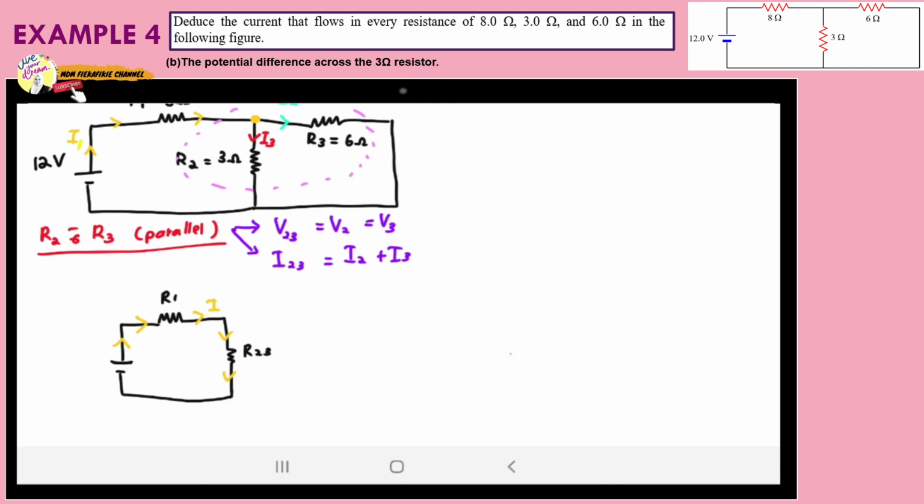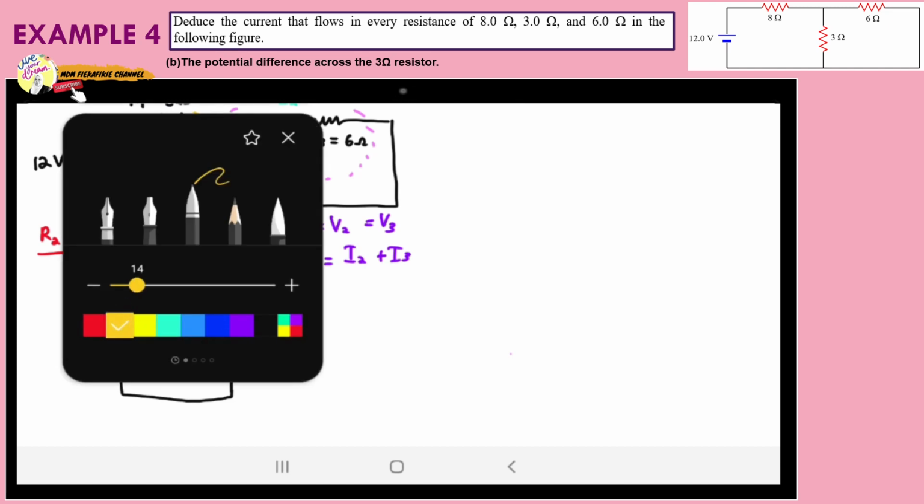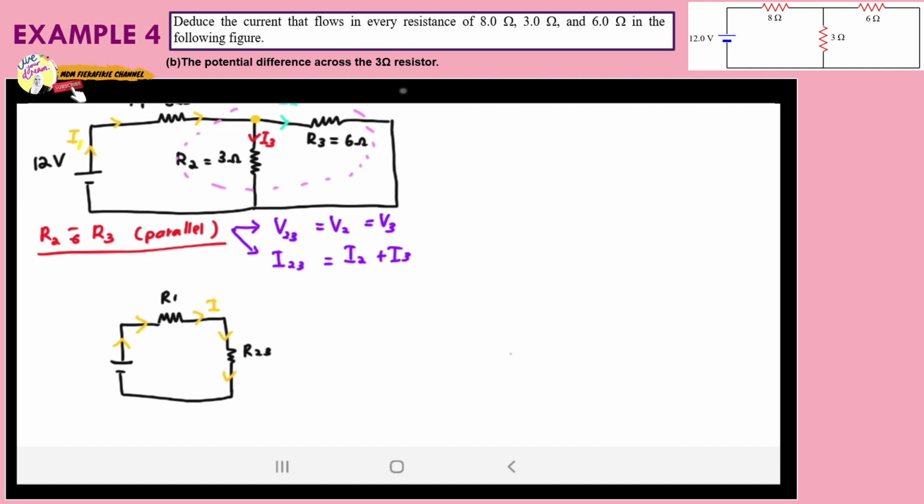Okay, remember? So now we can write here that R1 and R23, they are in series. So when they are in series, means that I total, bila kita kira I total nanti, it's equal to I that pass through R1, I1, and it's also equal to I that pass through R23, because they are in series, right?